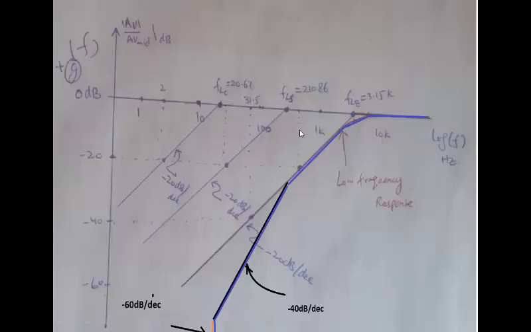Next, in the case where you have a circuit having more than one cutoff frequency, you can plot the overall response of the circuit having more than one filter. What you do is plot the individual asymptotic response for each filter.